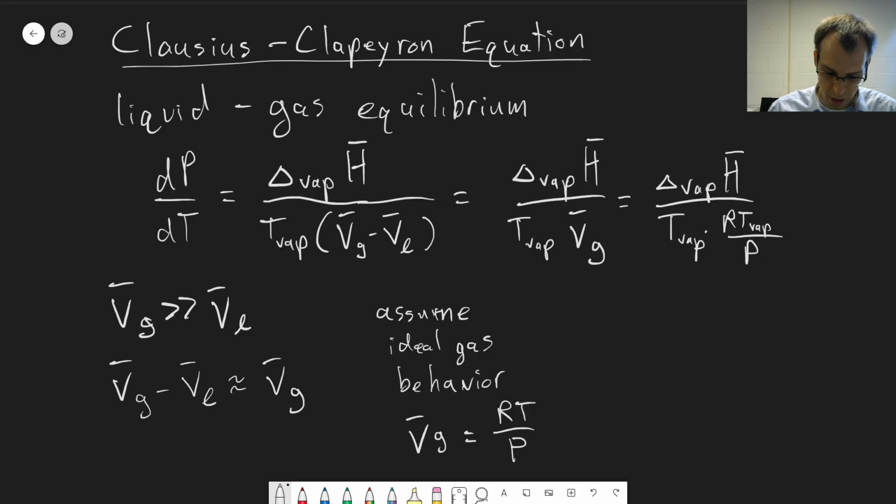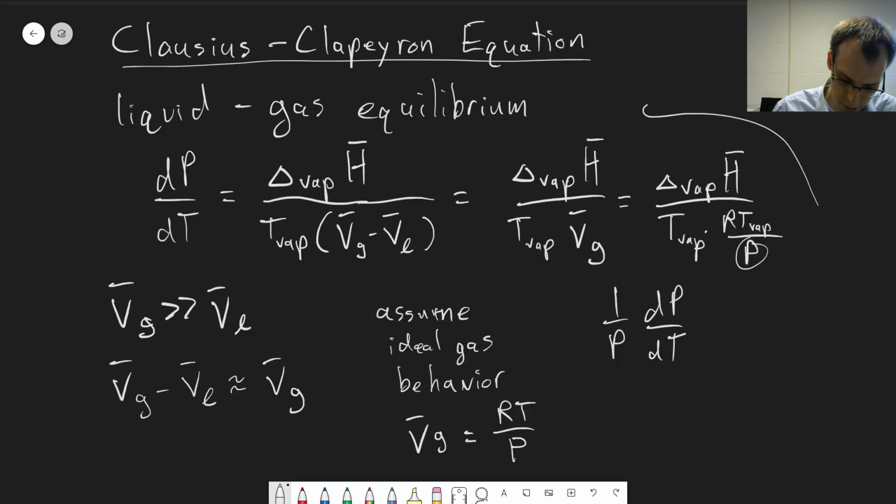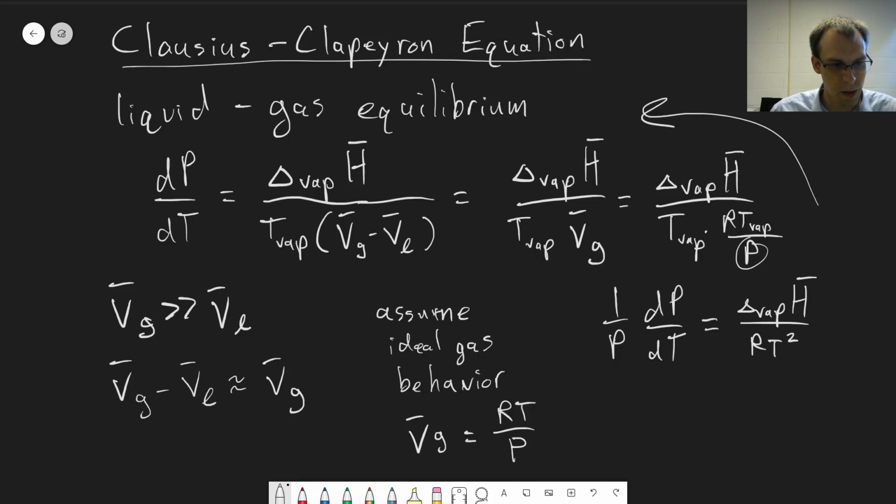Or we can go ahead and collect the pressures together on one side of the equation and say we have 1 over P dP/dT. So we just move this pressure over to the left-hand side of the equation, equal to the enthalpy of vaporization divided by RT squared. And we can rewrite this part on the left.